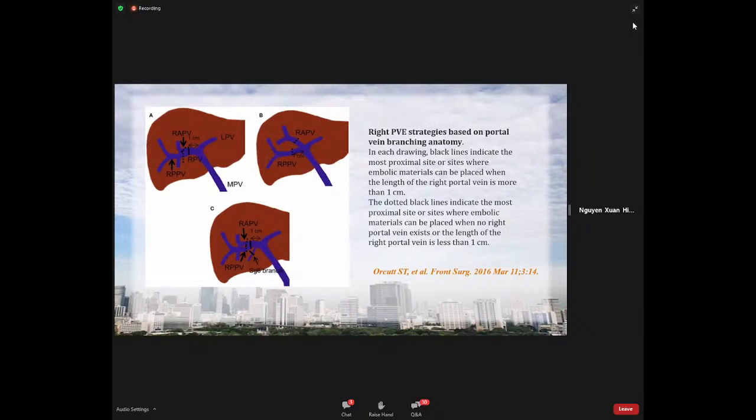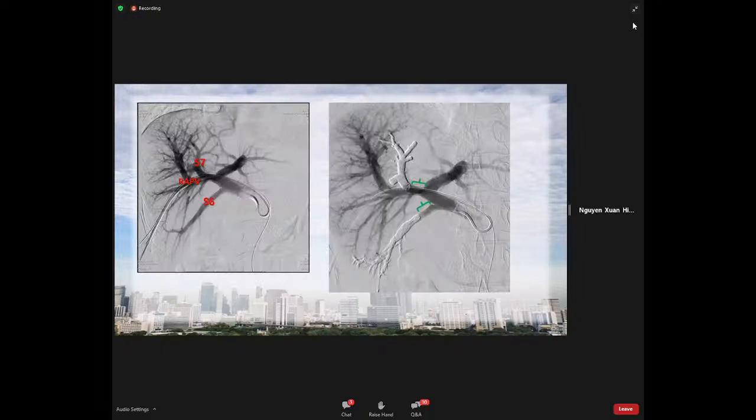Embolization strategy is at least 1 cm safety distance in order to avoid reflux or migration of embolic material into left portal vein or main portal vein. For precise proximal embolization, the vascular plug or retrievable coil are reliable. For liquid embolic material, the proximal embolization is quite difficult to control and requires operator experience.